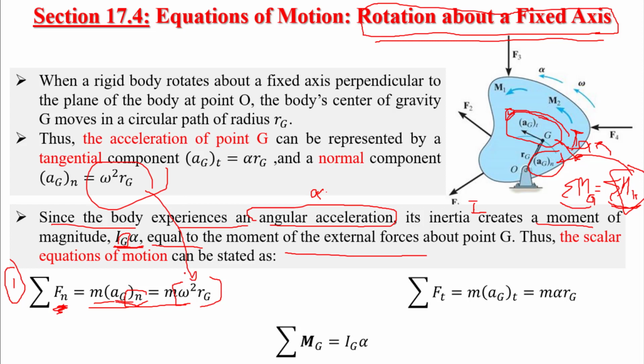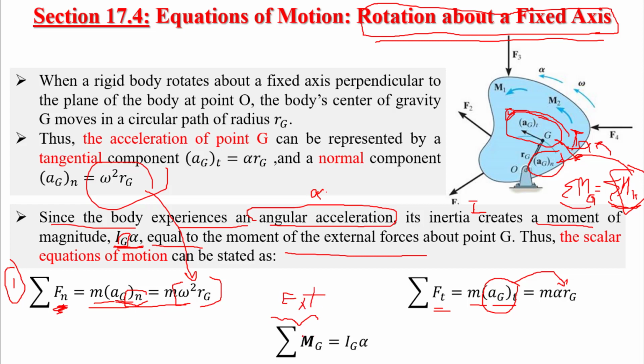We substitute it in here. Now the summation of forces in the t direction equals mass multiplied by a_G tangential, and m a_G tangential equals m alpha r_G.